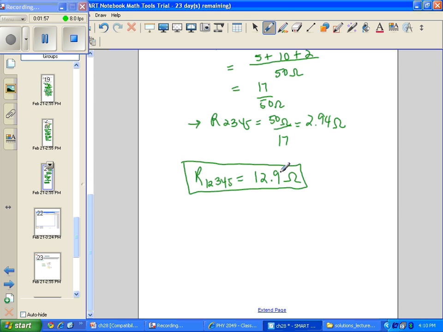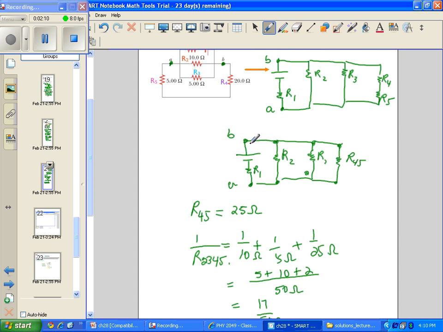The second part asked us to determine the potential difference across the points A, B. Well, if we come back over here, we notice that the potential difference across A, B is the same as the potential difference across R2345. In a step that we did not show here, if we have the point A here, and R1 here, and our battery here, and the point B here, then R2345, before we added it to R1, is actually here.